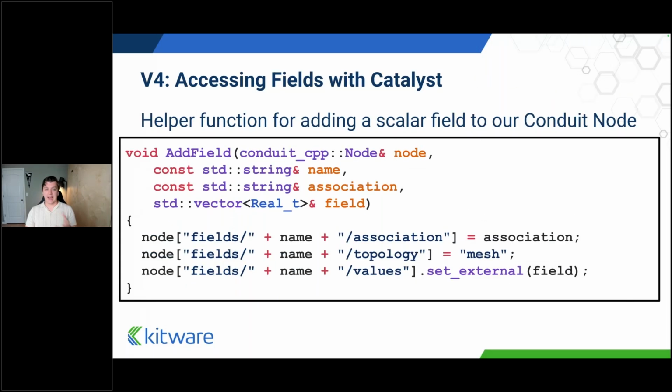We're going to write an add field function, and that's going to take in a conduit node, the name of our field, the association of our field, that is element or node, as well as the actual vectors, because this simulation uses vectors for its fields. We're going to pass in a reference to the field itself. Here we've got our association, our topology, and our names, similar to how we described in the previous slide. We're going to pass these all in together.